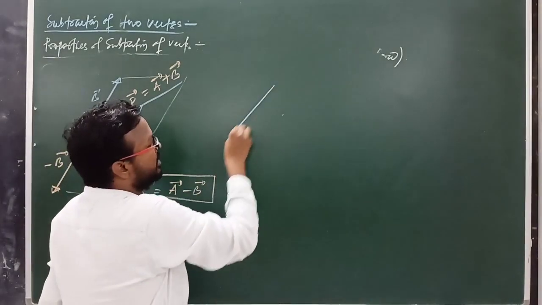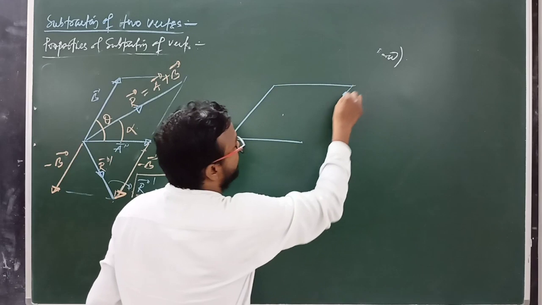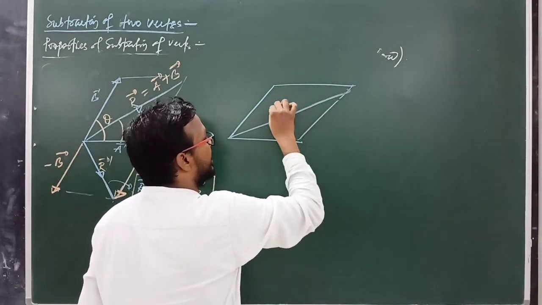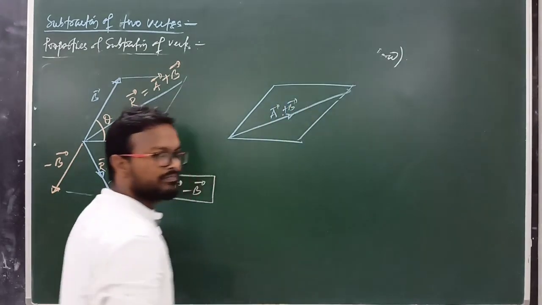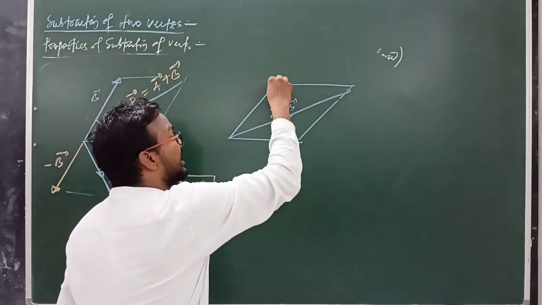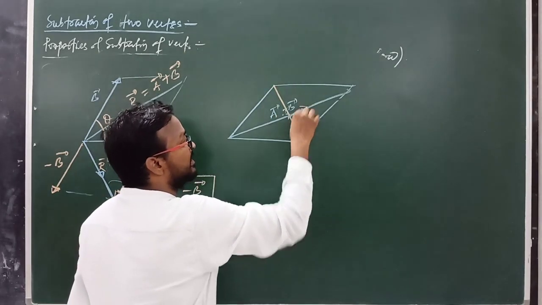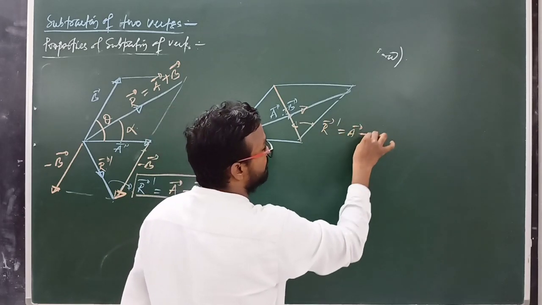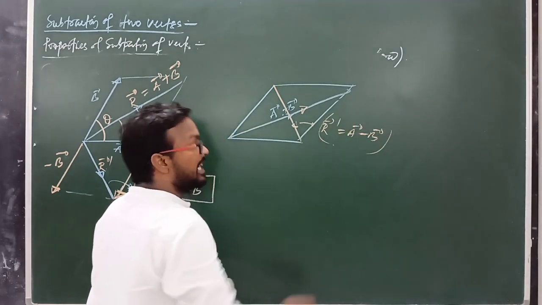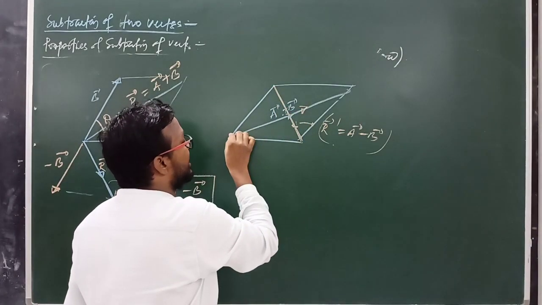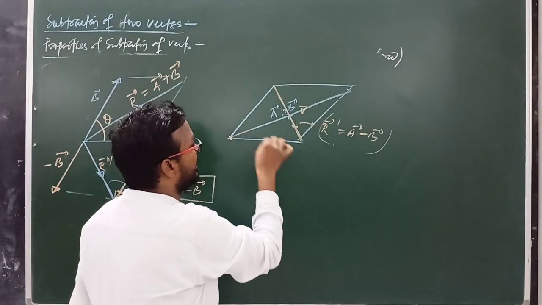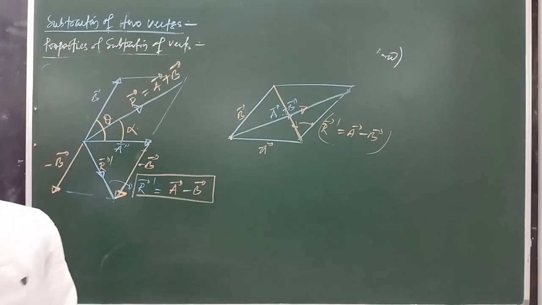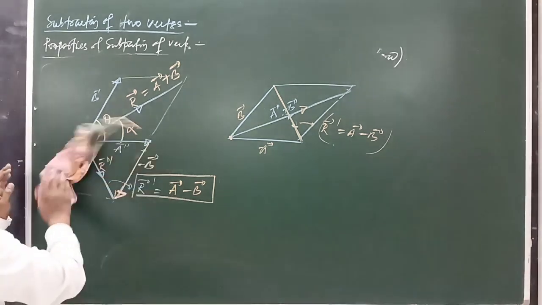If you draw a parallelogram here, the large diagonal indicates A plus B, and the smaller diagonal indicates r dash equals A minus B vector, the diagonal which does not pass through the common point of A and B. Clear? This is all about subtraction of two vectors.